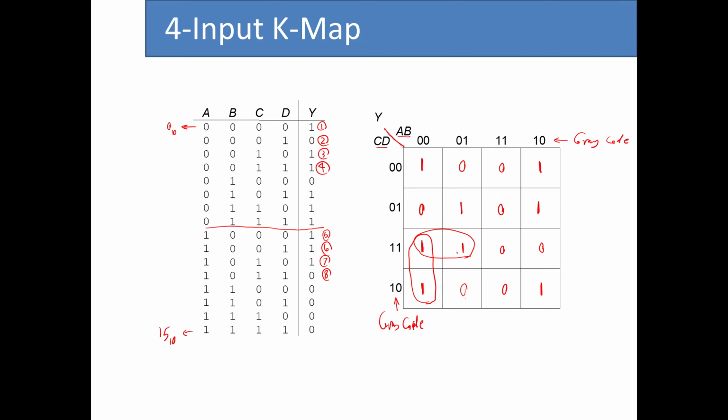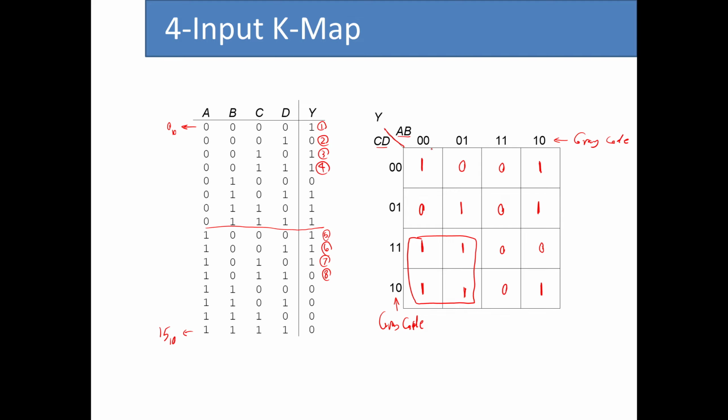But now, because all of these 4 are ones, they are all neighbors, and because of that they can be included in a large circle. Okay, so this is the largest circle that I can draw at the beginning.